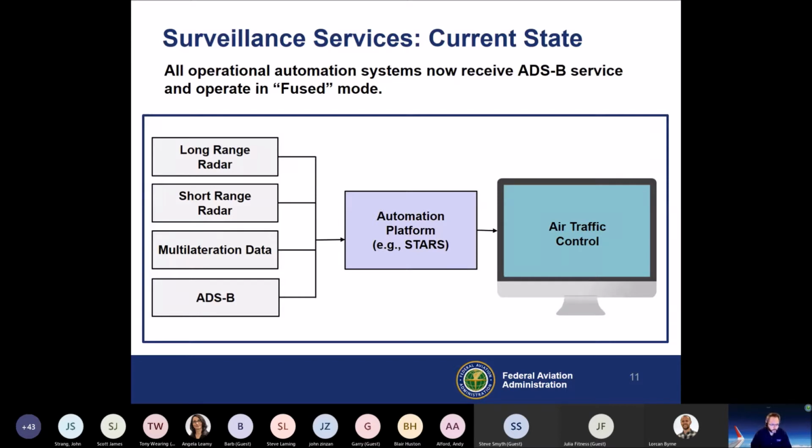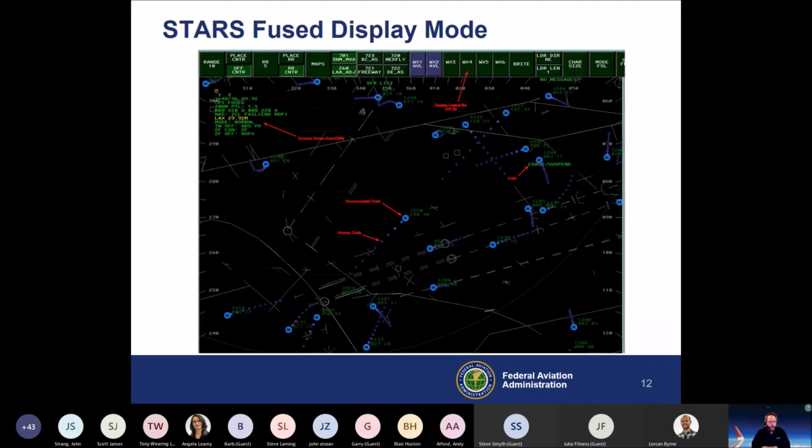You don't lose it just because you lose a single sensor. So that's all done in what we call fusion, and a fused surveillance product is delivered to air traffic control for their use. And this is a picture of what the STARS display looks like.